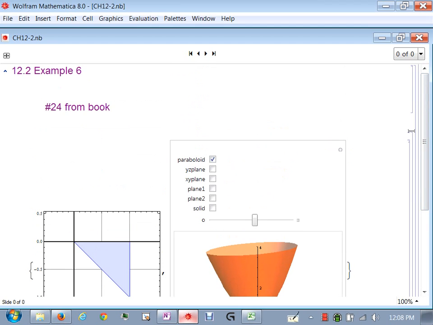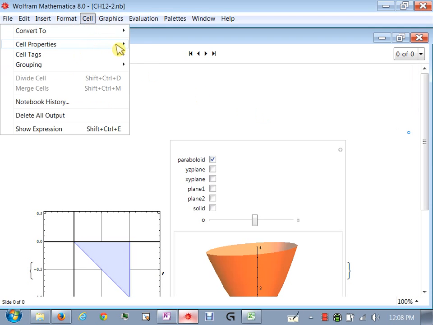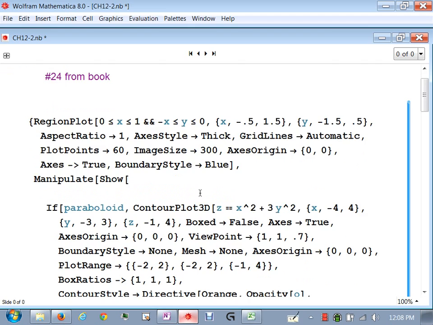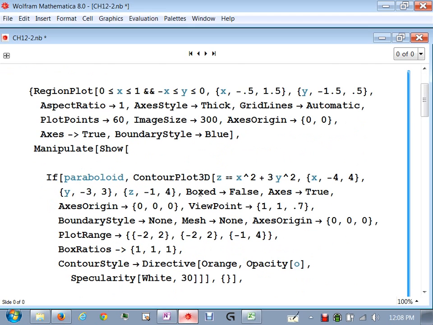Just to make sure this matches up, I'm going to take a quick look. Yeah, this is it. This is number 24 from the book. The page number is 708.